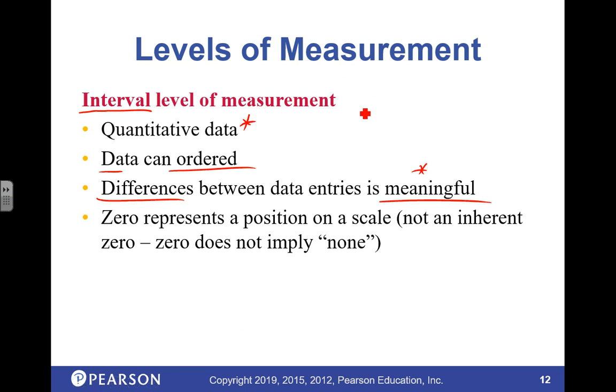If I know that at one point I weighed 135 pounds, at another point I weighed 175 pounds, the difference in that is meaningful. It means that I gained some weight, and it tells us how much weight we gained. We can quantify how much weight I've gained from this point to that point.